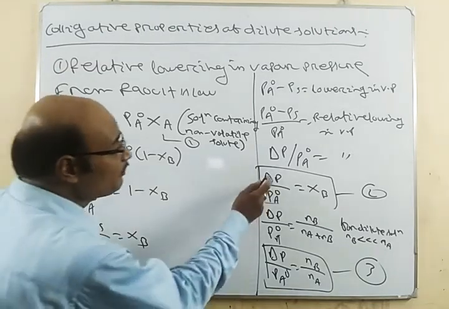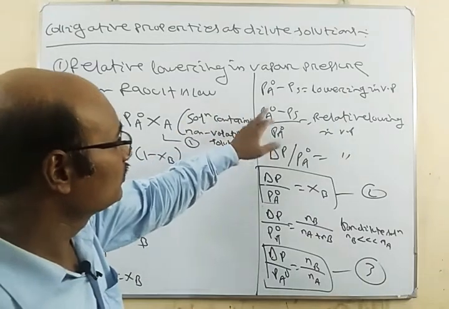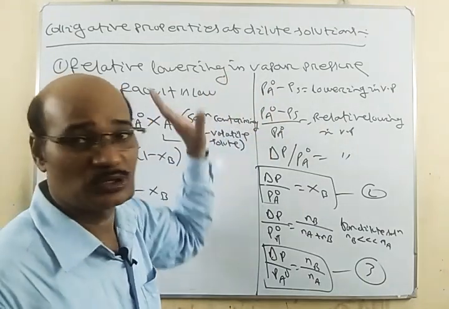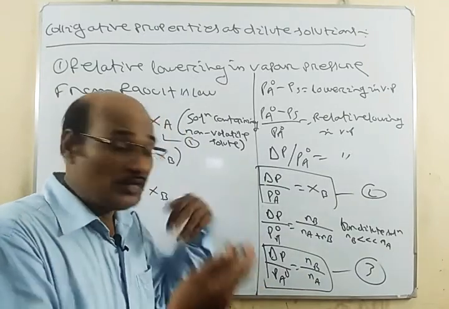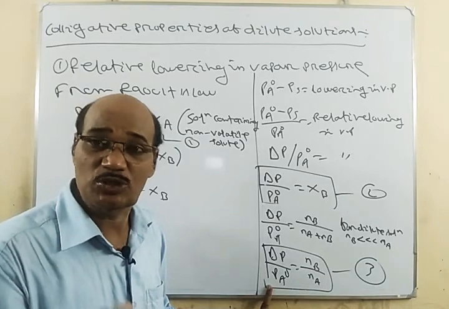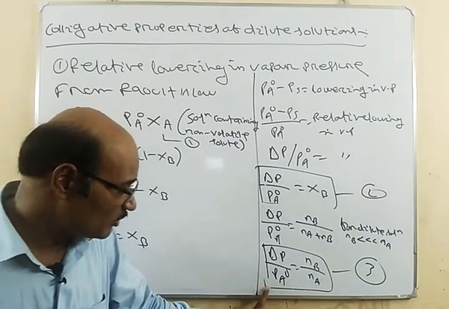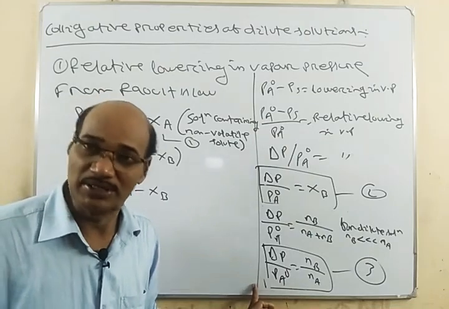But delta P is not a colligative property. Delta P is simply the lowering of vapor pressure. Okay, so delta P relative to PA0 depends upon the number of moles. So it's a colligative property.